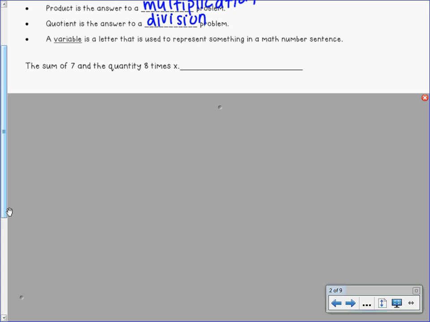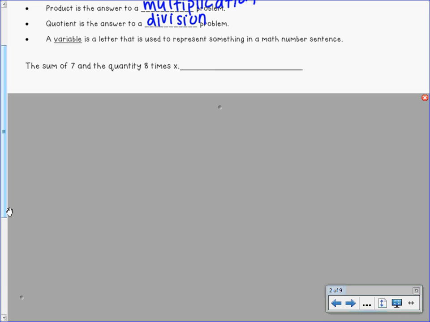What would my number sentence look like if I took this whole big sentence with lots of these words, and I just made a number sentence? Wouldn't the sum be 7? What does it mean by the sum of 7? Well, what does sum mean?